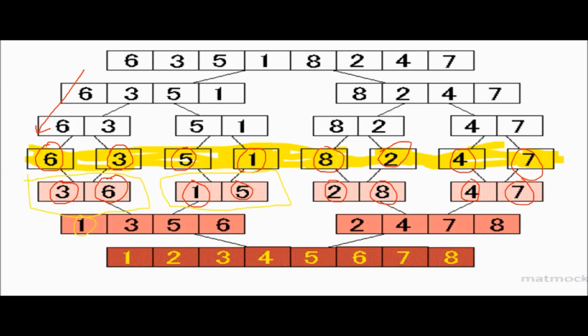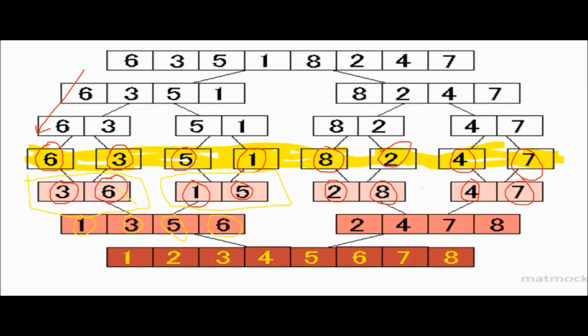After that, we compare 5 with 3 and find that 3 is the smallest, so 3 is added here. Then we compare 5 with 6 and find that 5 is the smallest, so we add 5 here. And the remaining elements, like here where there is only one element, will be copied into the next locations.